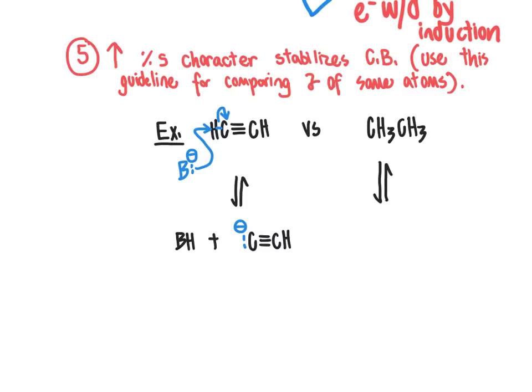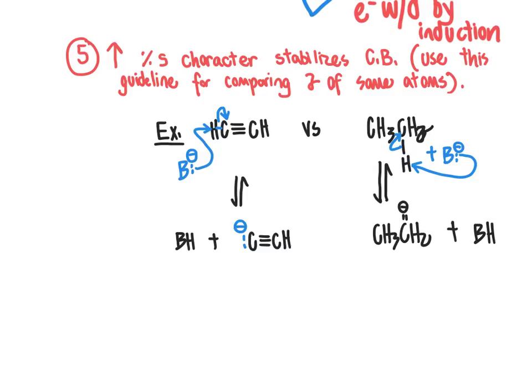Base comes in, grabs one of those three hydrogens, and I'll show one of those three hydrogens explicitly here so we can show that CH bond breaking. Base comes in, grabs that proton, breaks the carbon-hydrogen bond, and leads us to our conjugate base here. So CH3, CH2, lone pair electrons on the carbon, and we'll get BH out of that as well, our conjugate acid. So we're comparing the stability of our two carbanions, our two negatively charged carbons, the one right here and the one right here.